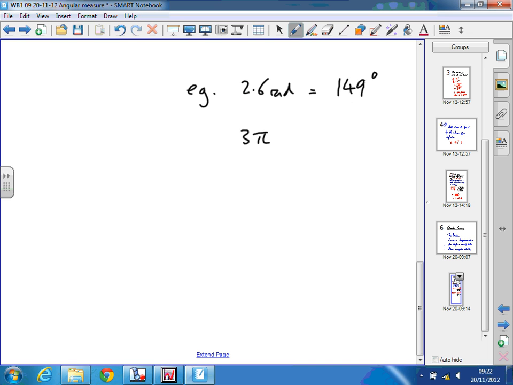3 pi radians. So often it's left in terms of pi, as we had before. How do I convert 3 pi radians to degrees? It's going to equal 3 pi times 180 over pi.